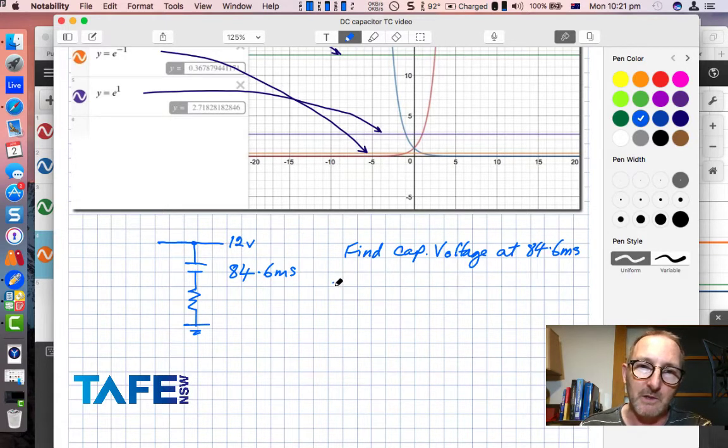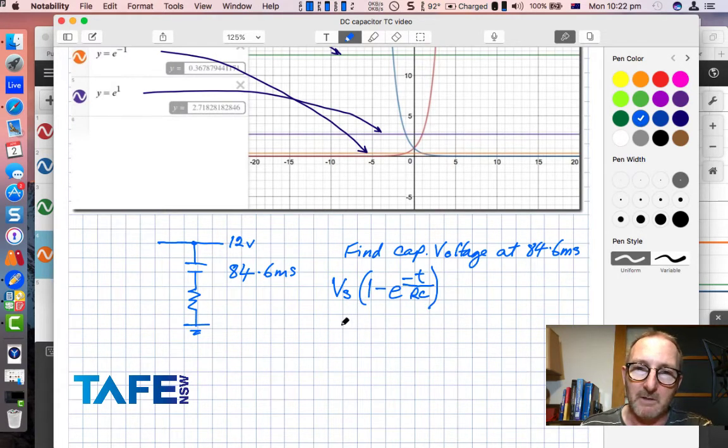So let's put this into perspective. This will be the V supply outside of brackets, 1 minus e to the minus t over RC, because RC is our time constant, so time divided by the time constant, all minus, and that'll be the index to which this is raised.